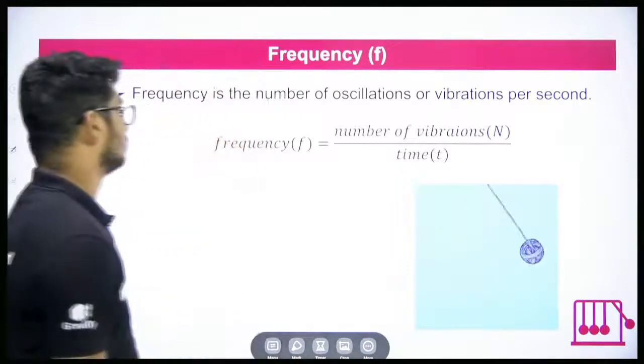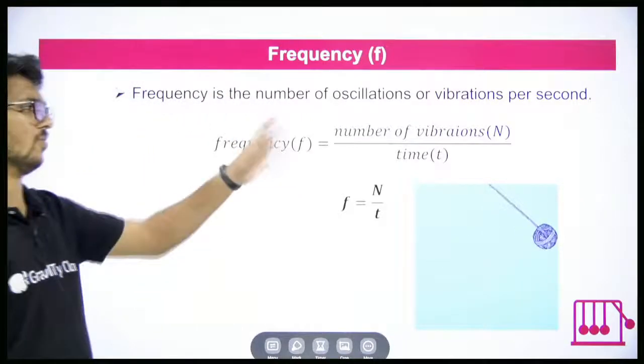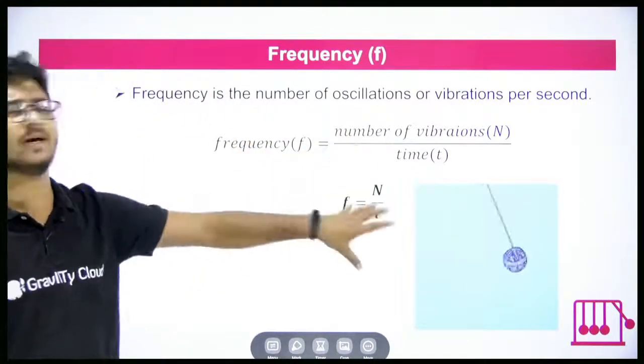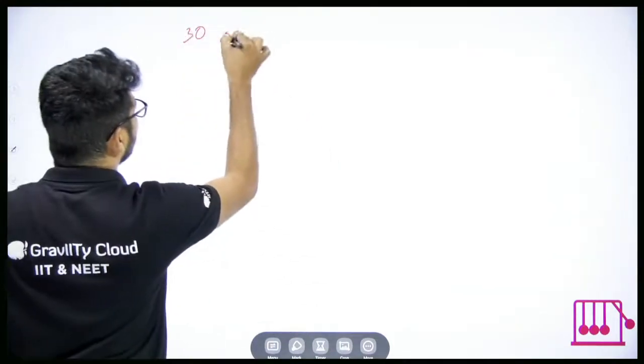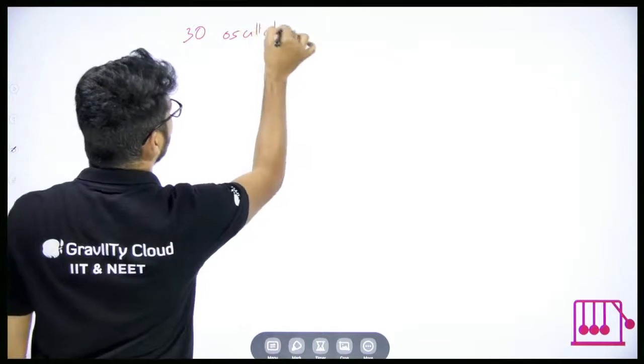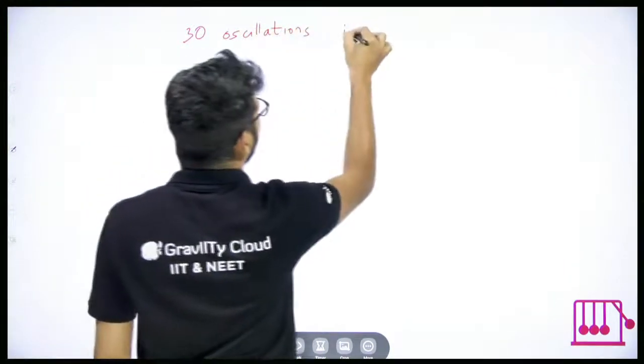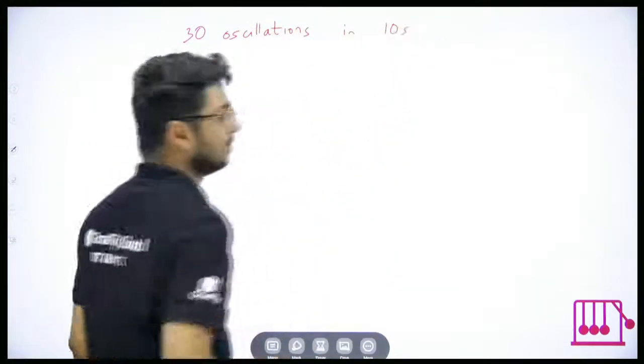Got it? So there is a simple formula. I'll show that formula. Don't worry how this formula came and how to do it. I'll go into those points. Look at this. Let's say we have 30 oscillations in 10 seconds.